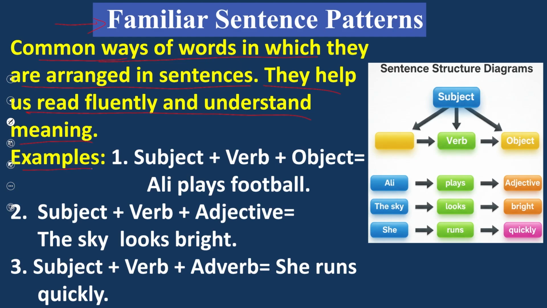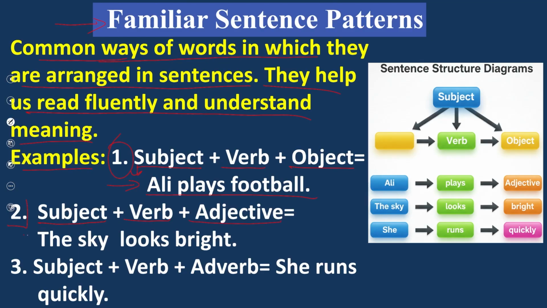Now, look at the examples. The first simple sentence pattern is subject, verb, and object. The example is: Ali plays football. The second pattern is subject, verb, and adjective.